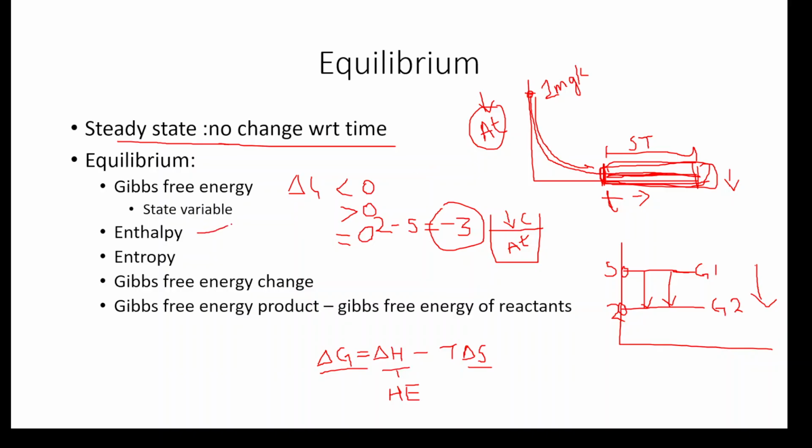The same kind of notion is followed for enthalpy also. In enthalpy also, if delta H is less than 0, the reaction is feasible, meaning the heat energy is reducing. So what happens? If we are mixing acid into water, heat energy goes out, right? The temperature increases. So it means that whatever compound is there inside, it is removing the heat energy from its system. That's why the outside temperature is increasing.